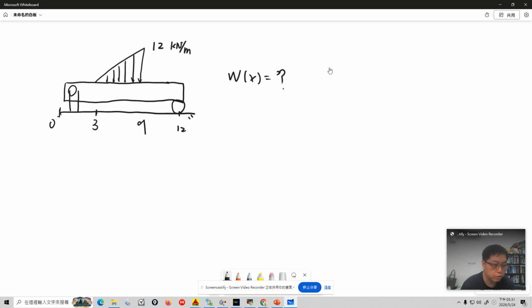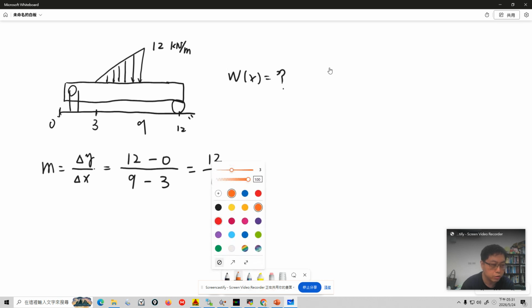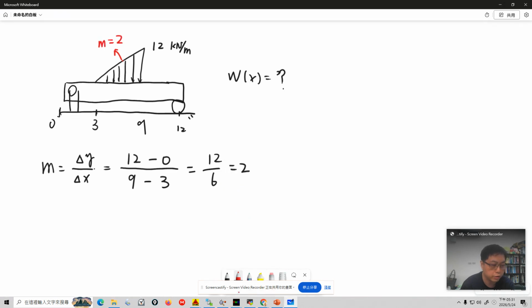Don't think in a difficult way. It's actually delta y over delta x. The end is 12 and the beginning is 0, over 9 minus 3. So the slope m is 2.